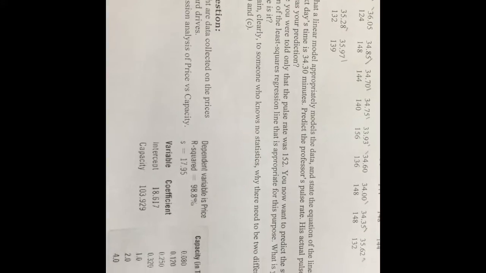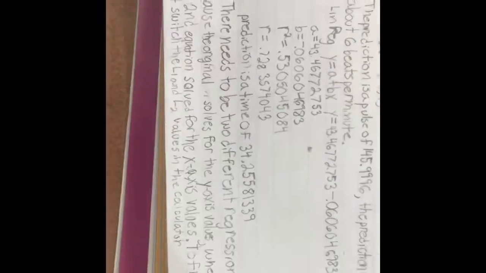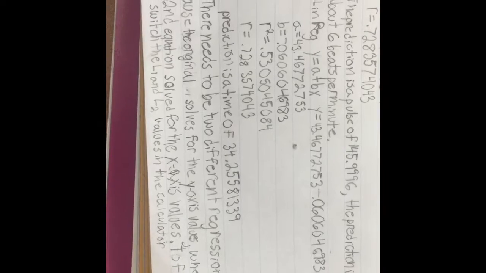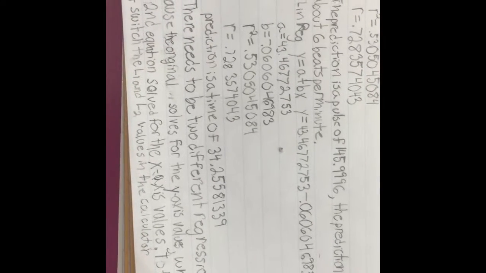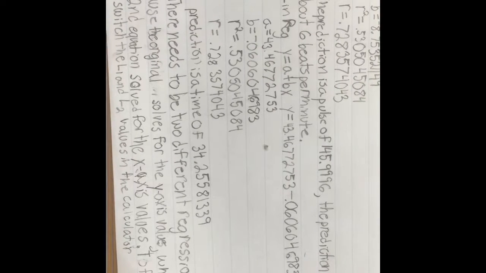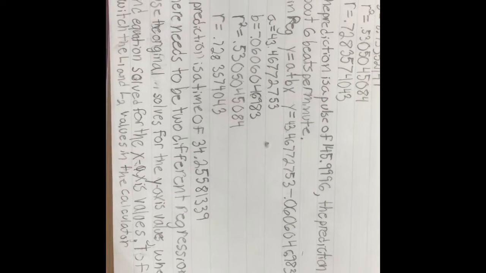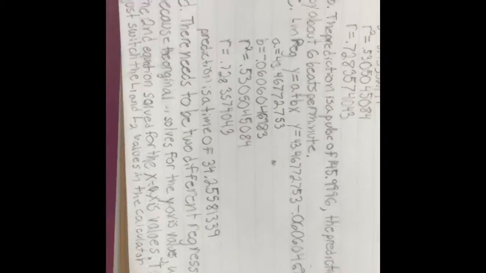For D, it is asking to clearly explain to someone who knows no statistics why there need to be 2 different regression lines for parts A and C. There need to be 2 different regression lines because the original solves for the y-axis values, whereas the second equation solves for the x-axis values. To find these, just switch L1 and L2 values in the calculator.